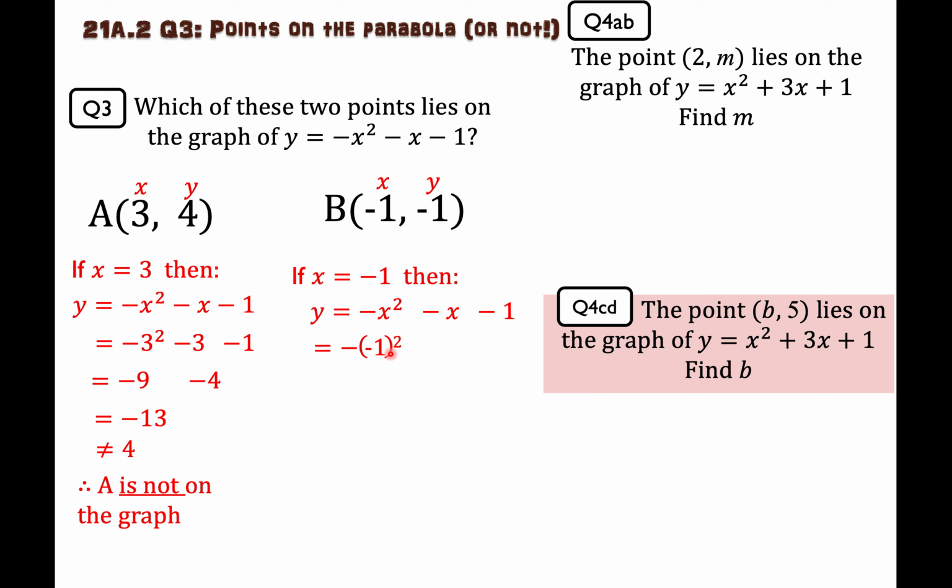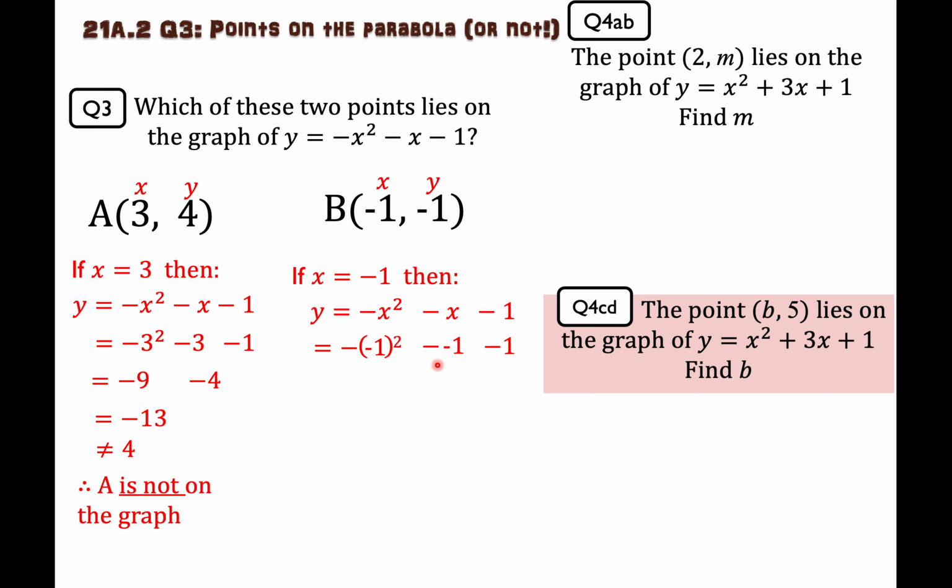So I'll put it in brackets to show that it's this whole negative 1 being squared. Then I've got a minus, and then I can replace x with negative 1. I don't really need brackets here. It's mainly when I've got squaring that it really comes in handy. So you can leave out the brackets here if you want, like I did. And then I've got minus 1. There is no reason that one minus is longer than the other. I just thought it looked nice that way.